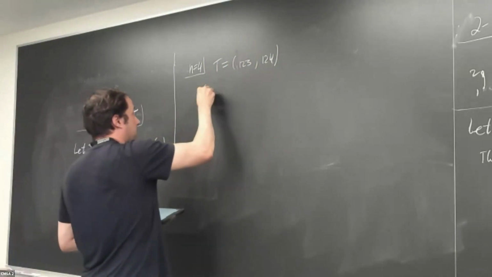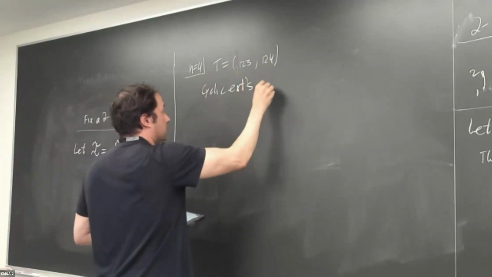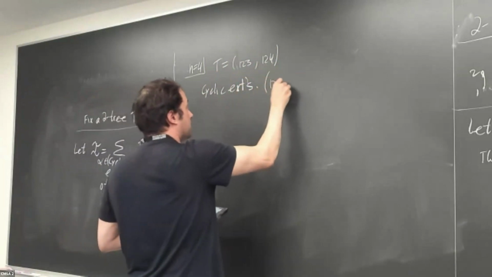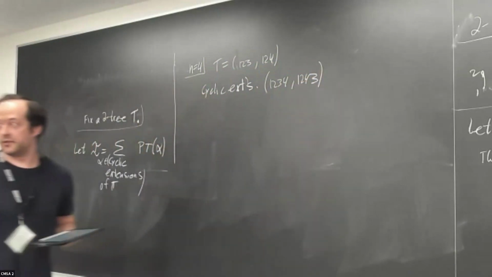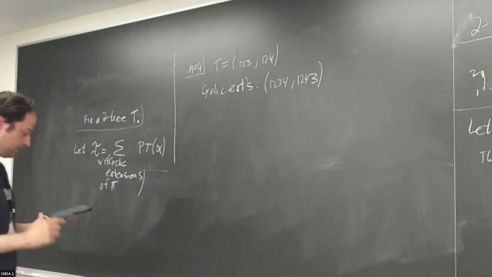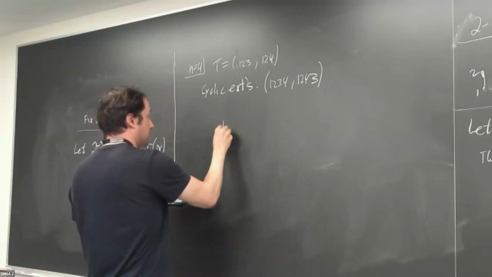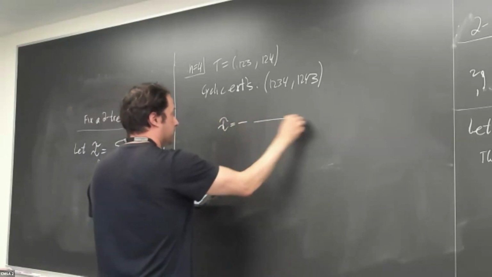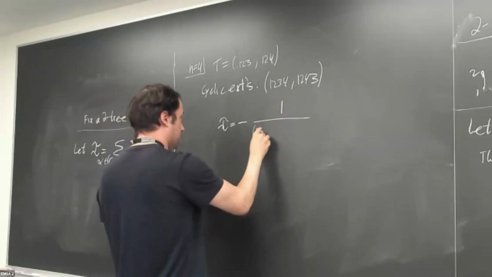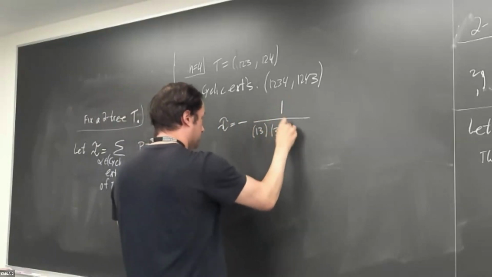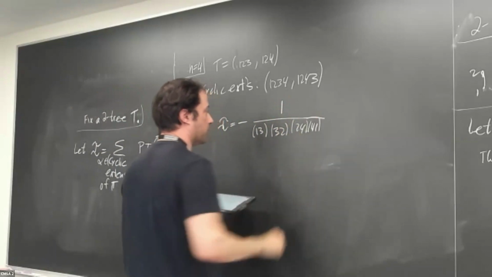So the set of cyclic extensions are 1, 2, 3, 4, and 1, 2, 4, 3. So we take the sum of those two particular factors, and we get negative 1 divided by, what is it, S13 S32 S24 S41.